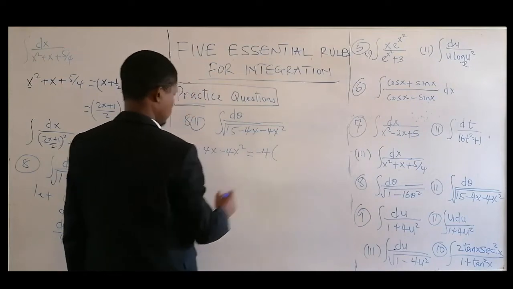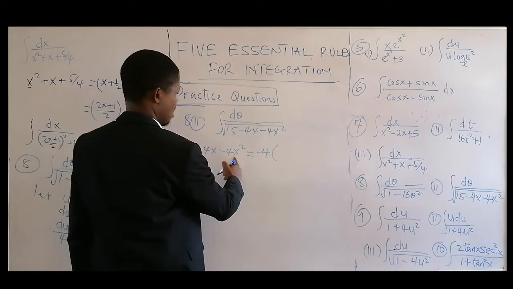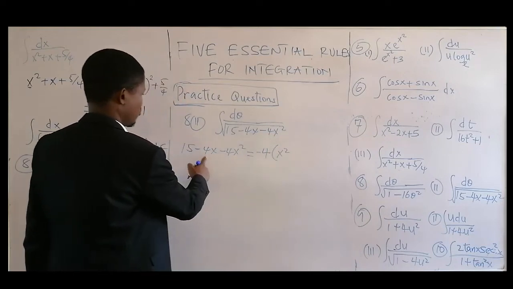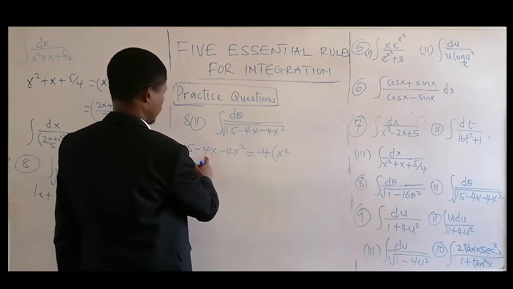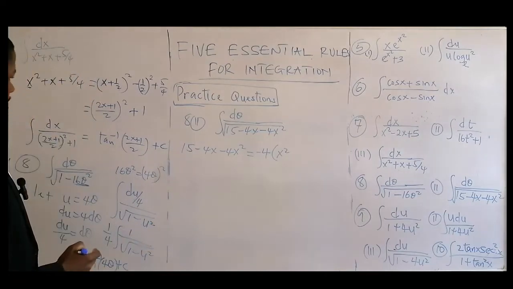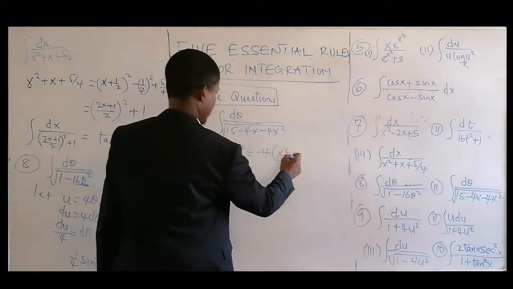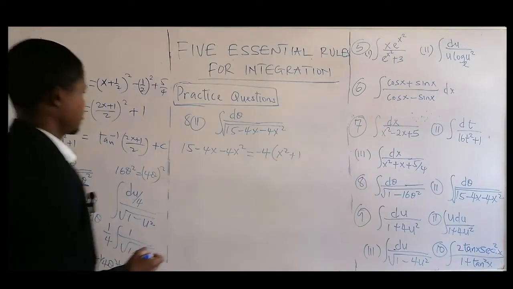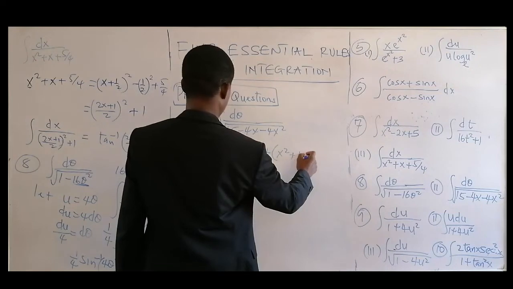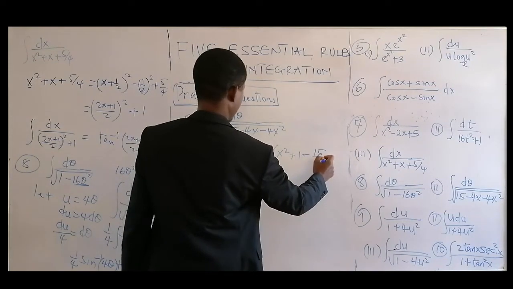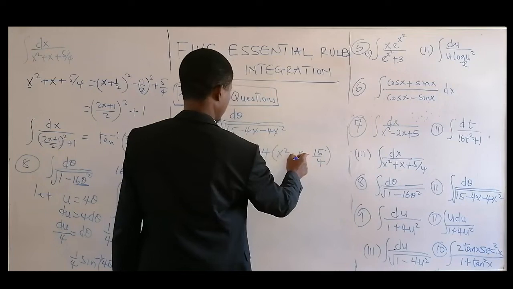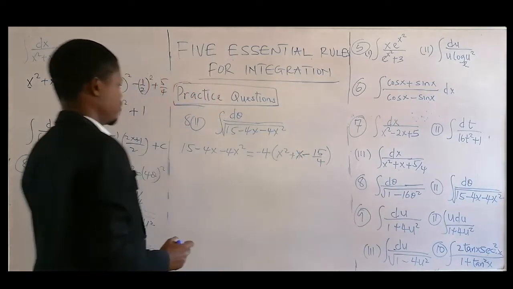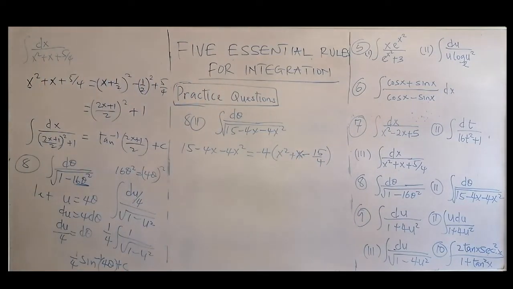That will be equal to x squared, plus x, minus 15 over 4. Plus x minus 15 over 4, yeah, minus 4x.